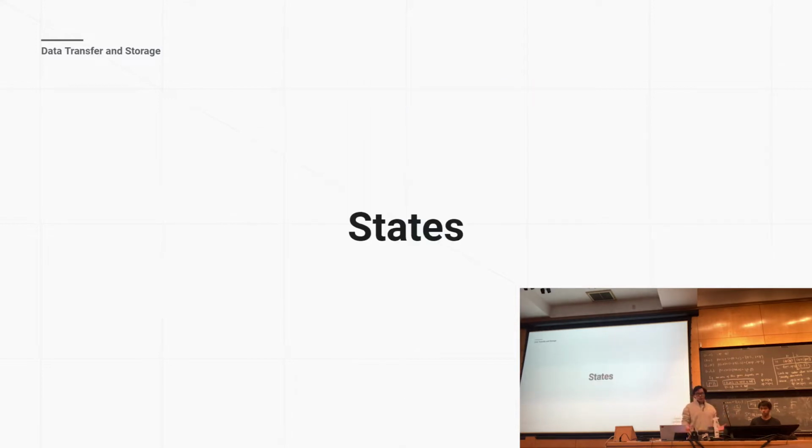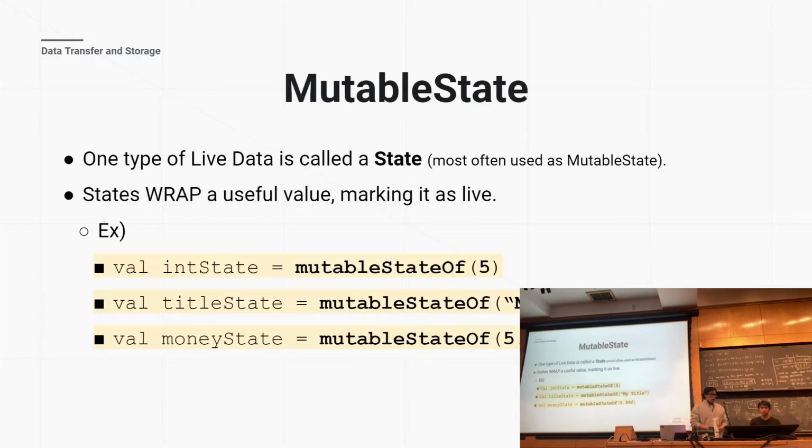So the way this works is with states. One type of live data we have is called states, most often called mutable states. Here we have the syntax called mutableStateOf, and what it does is make it so that you have this mutable state that you can actually change, and when you do change it, it will update the UI accordingly whenever it appears in a composable.